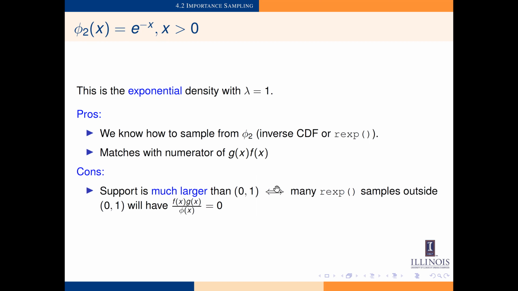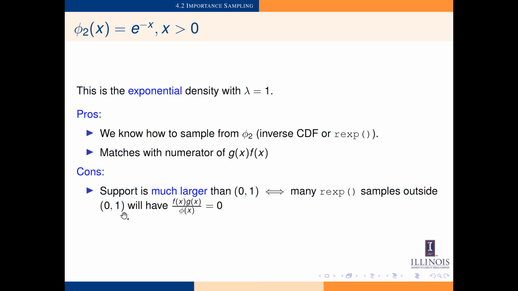But it also has its limitations. The support for the exponential distribution, which is the entire positive line, the set of positive real numbers, is much larger than the interval between 0 and 1. So what does this mean? This means that when we draw the samples from phi 2, which is the exponential distribution, a lot of these samples will fall outside the interval between 0 and 1.